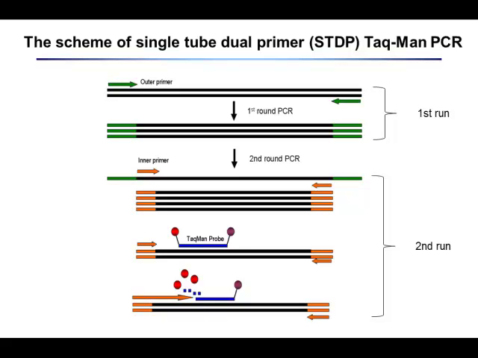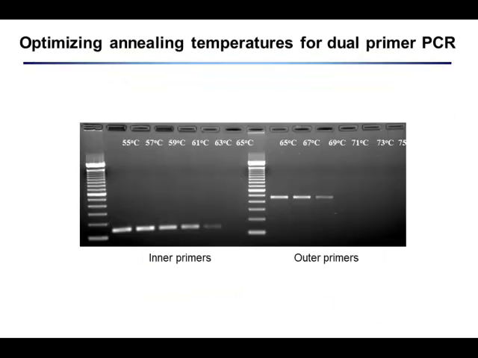This is a problem, because here we have two pairs of primers working in the same reaction. So in order to distinguish them, we have to design the primers with different working temperatures. In other words, we work with the outer primer at a temperature 10 degrees higher than the inner primer. So the first run of PCR is at the temperature where only the outer primer works, because for the inner primer that temperature is too high.